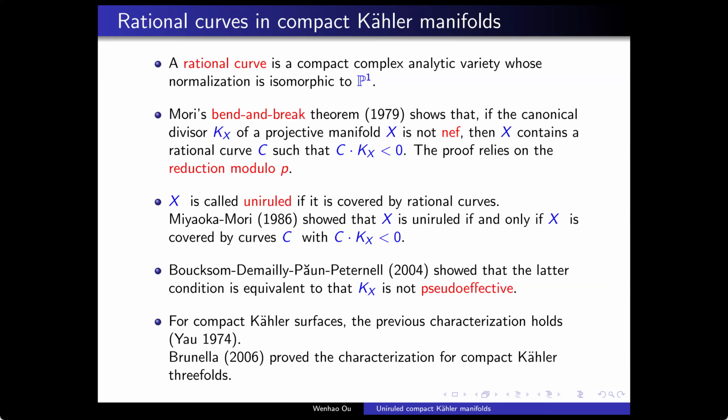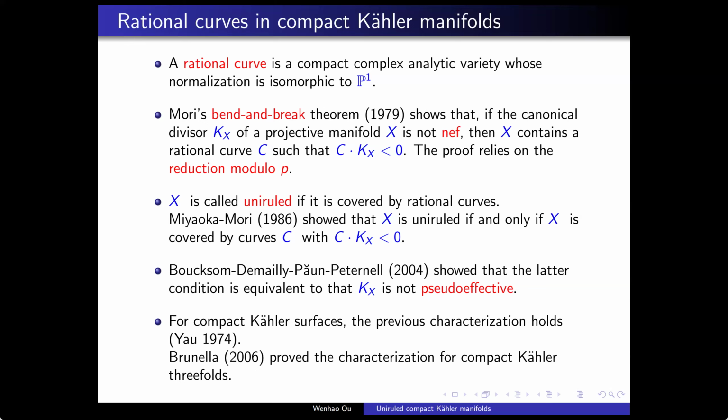To find rational curves in a complex manifold, there is a very famous theorem, which is called the Mori-Miyaoka-Bogomolov theorem. In particular, Mori showed that if the canonical divisor or canonical line bundle of a projective manifold X is not nef, then X contains a rational curve C such that the intersection number C dot KX is negative.